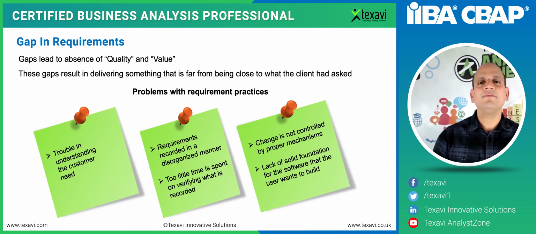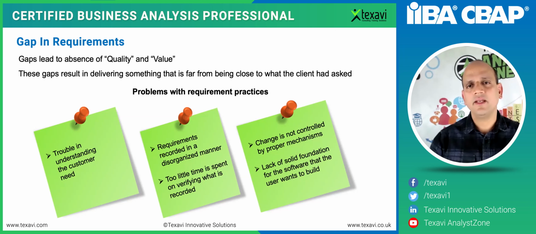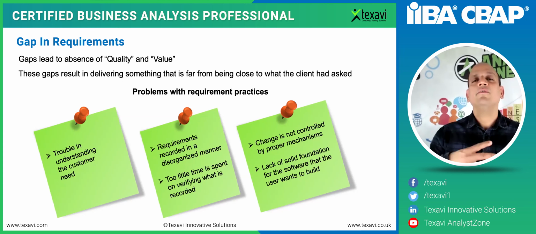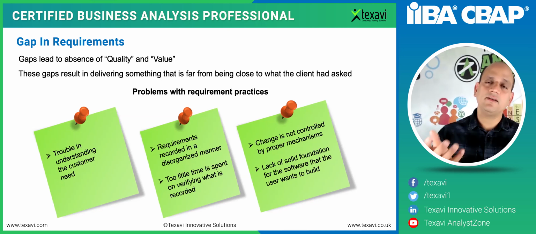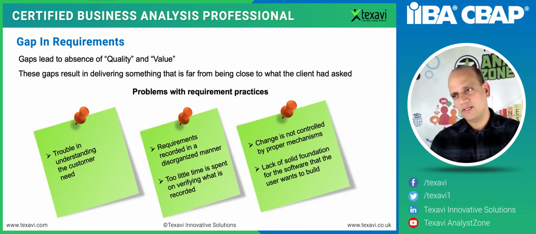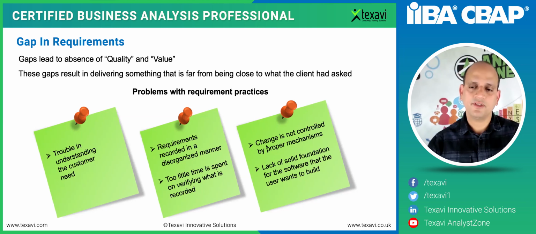And at the most immediate moment that we can, we need to validate that assumption with the right stakeholders, right team members, so that that assumption is no more an assumption. It is either true or false, and based on my discussion, this is the understanding level. So very, very important to validate and verify your assumptions.